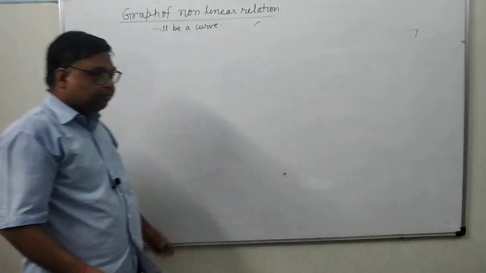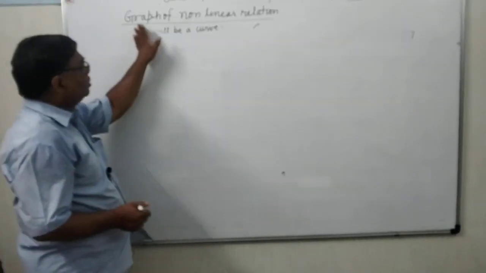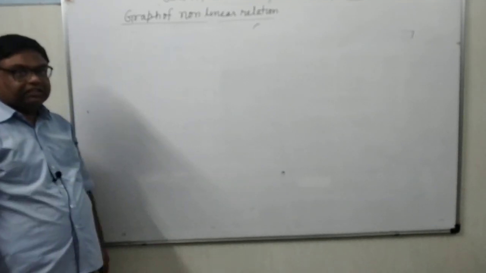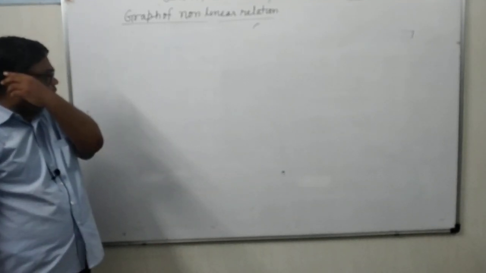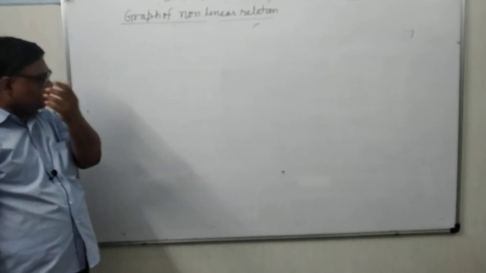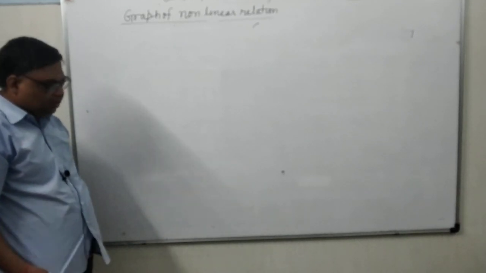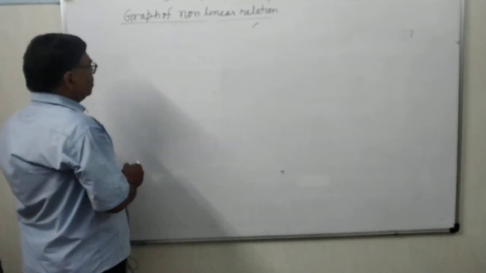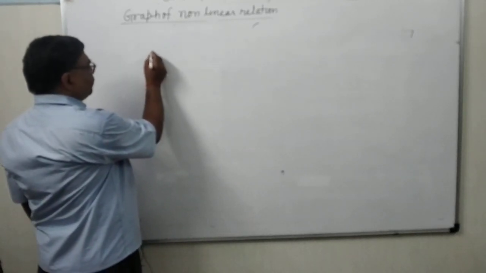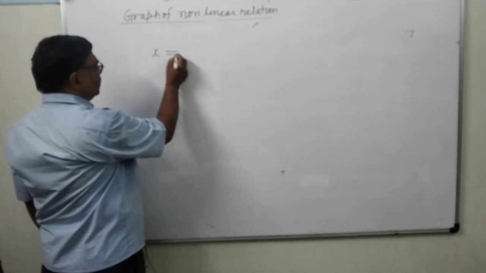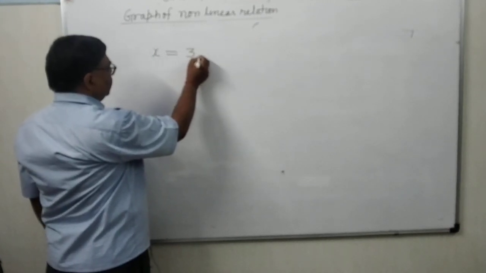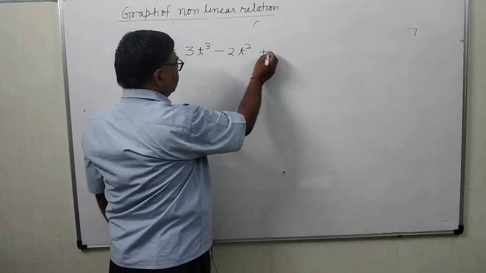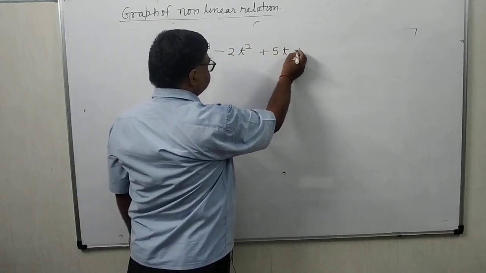Now see here, I am writing one question. There is a particle which is moving, not on a straight line. There is a particle whose displacement with respect to time at any instant is given by 3t cube minus 2 into t square plus 5t plus 7.